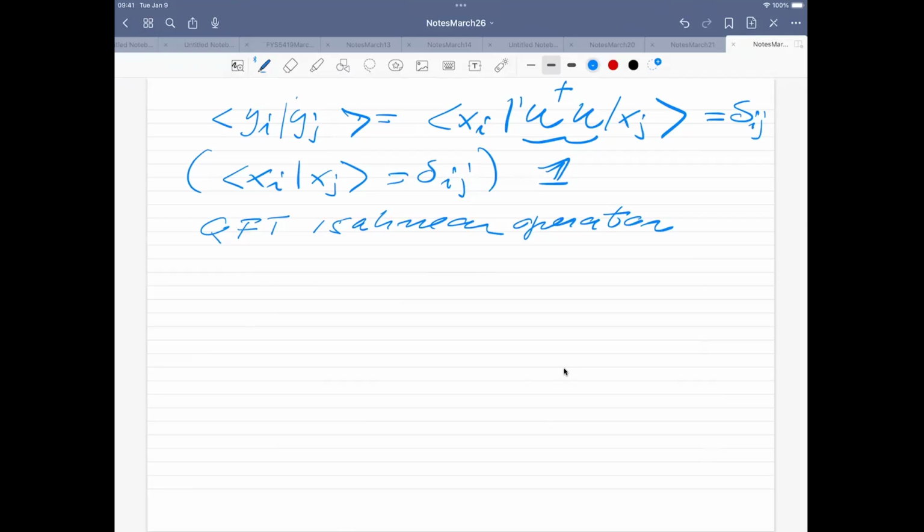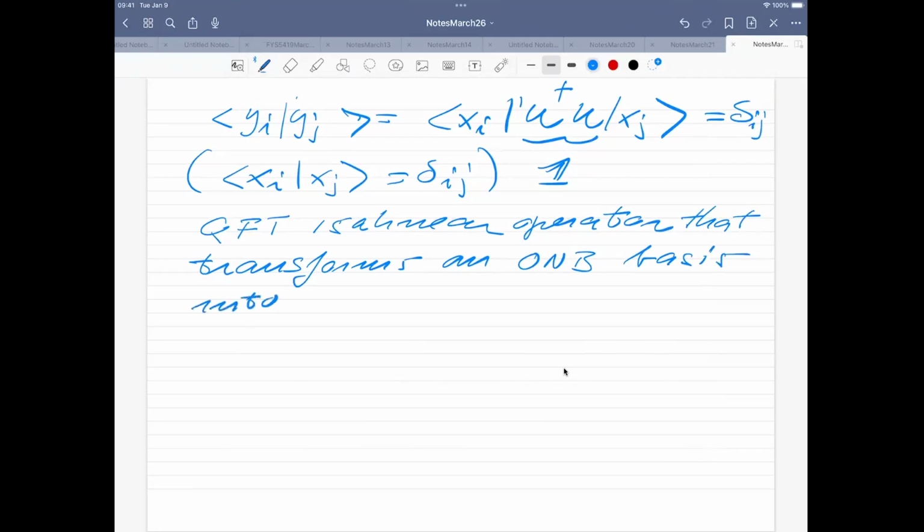So there's a linear operator that transforms an orthonormal basis, an ONB, this is the acronym which we used previously as well, into a new ONB.